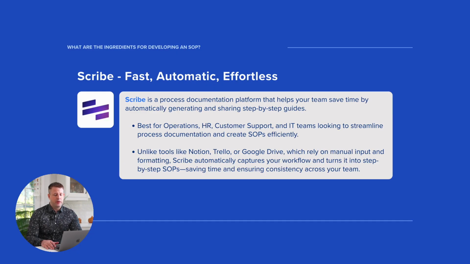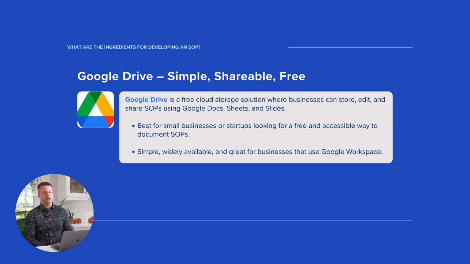Basically you can have Scribe watch your screen, perform certain tasks, and it will take those steps and screenshots and turn it into an SOP itself. So again, this is great for businesses that are based online. Google Drive, it's just a great place to potentially share and store your SOPs over time. You could also use something like Dropbox potentially.